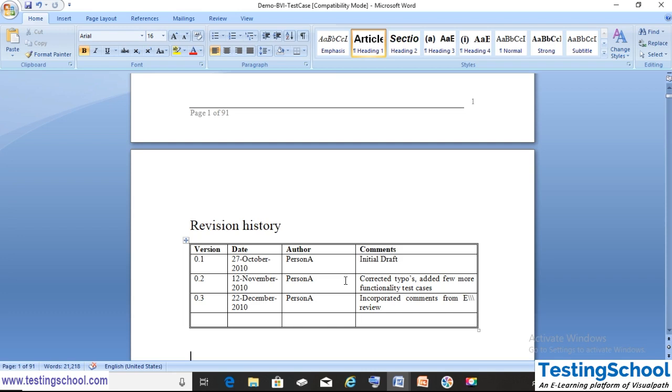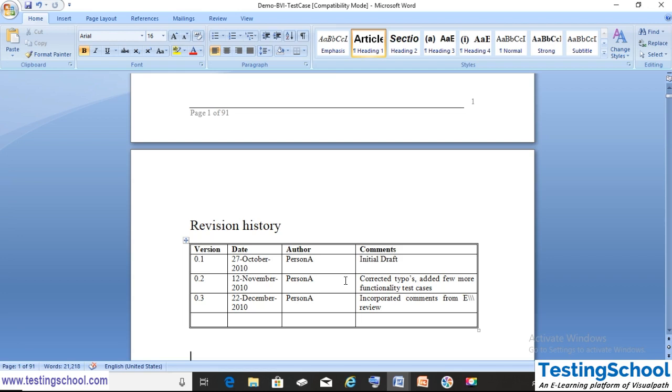When person A went the first time, on 27th October 2010, you can see the date, he came up with an initial draft. He just gave the outline of whatever he was going to do.